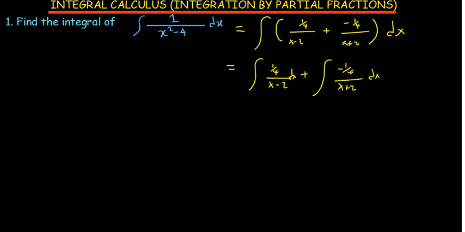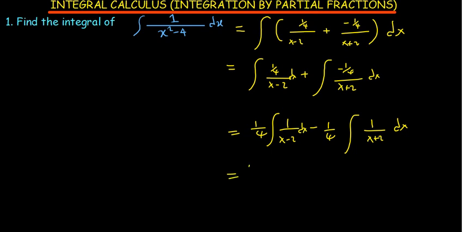Because it's a constant, I'll bring it outside to be 1 over 4, the integral of 1 divided by x minus 2 dx, plus negative 1 over 4 and then the integral of 1 divided by x plus 2 dx.